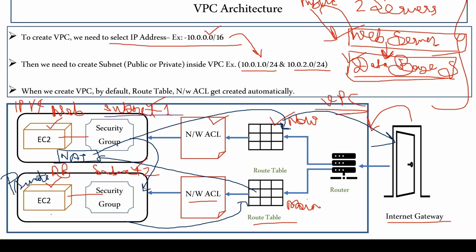Then, to remove the problem of connectivity to the internet, we have created a NAT gateway and we updated a route table. Then at the end we have created one ACL for the public subnet, which will allow the public traffic HTTP and SSH, because this is a public subnet. And then everything is already connected with the internet gateway.